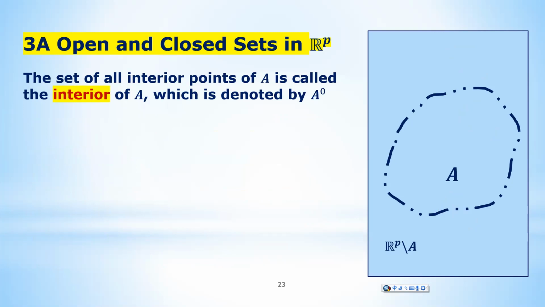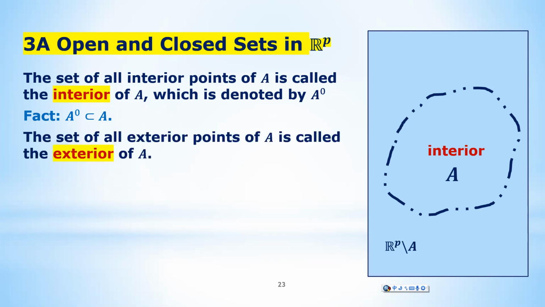This is called the interior of A, denoted by A⁰. Like here, the picture of the interior. Obviously the interior of A is a subset of A, because it contains just the interior points. The set A itself may carry some non-interior points, like boundary points, which are not inside the interior.